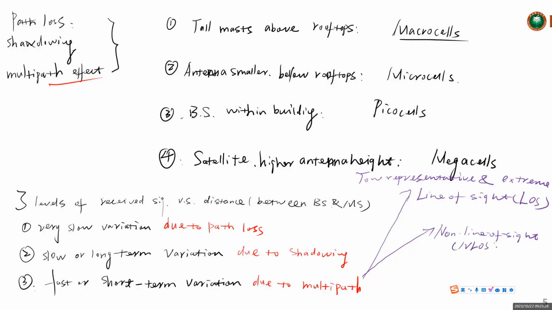For the line of sight, there is a strong direct signal together with a number of weaker multipath echoes.